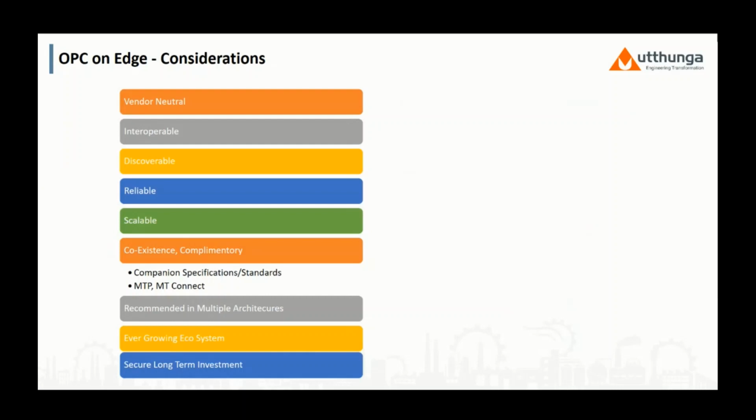Like I was talking about MTConnect, and of course there are a lot of other companion specifications that neatly gel into OPC. It is a recommended choice for multiple emerging architectures, and the ecosystem is always growing. And from an investment point of view, you can be assured that it is a very long-term investment.